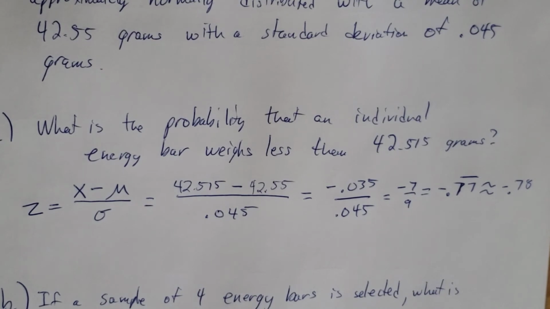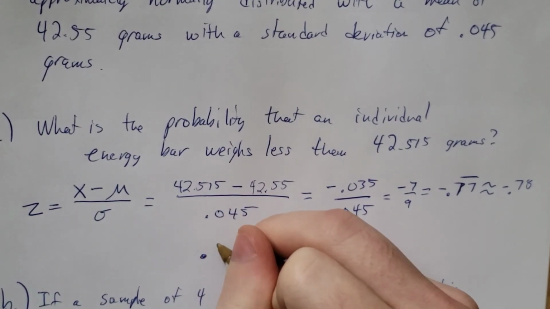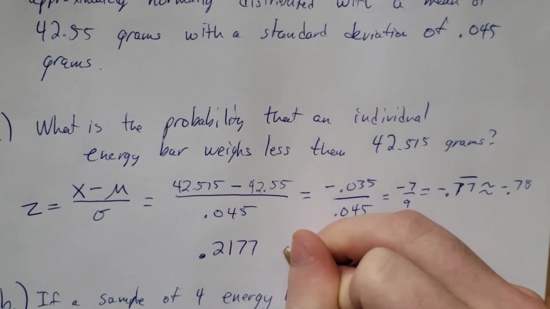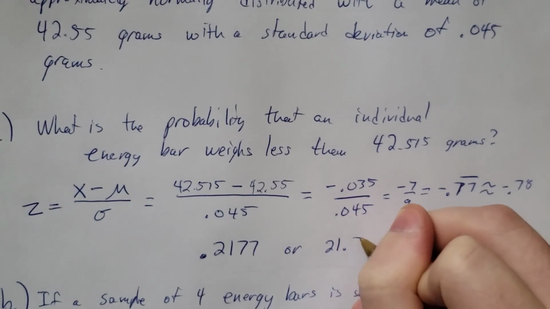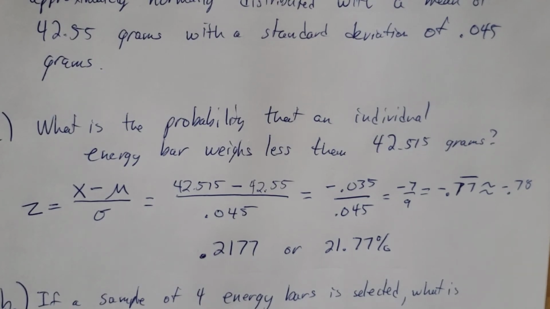We go back to that table again, and this corresponds to a value of 0.2177, which is a percentage of 21.77. So that would be the probability that an individual energy bar weighs less than 42.515 grams. And again, that was our formula from previous sections.